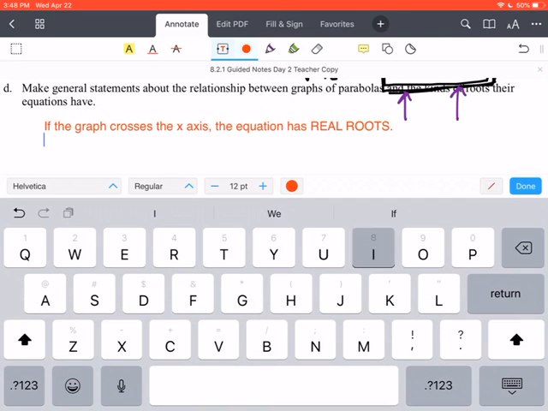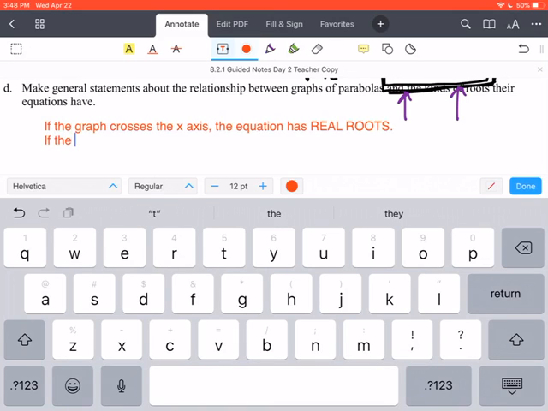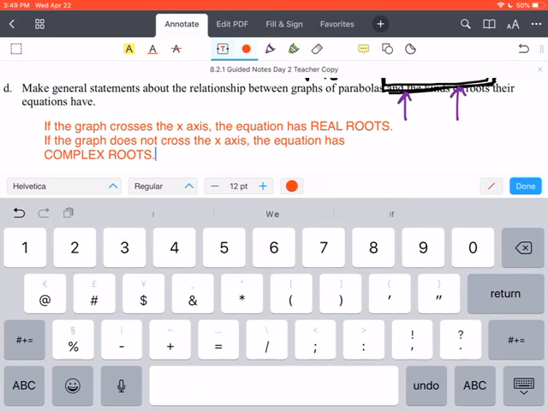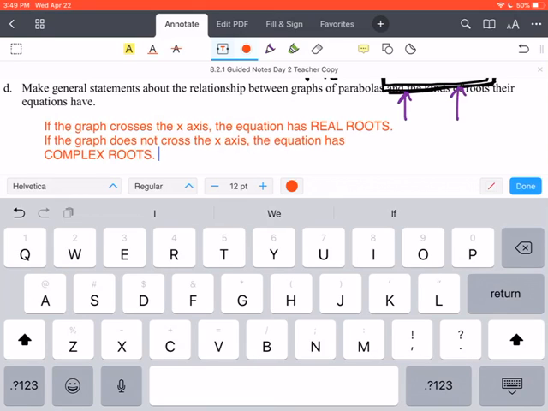Darn, it changes the whole thing. Okay, if the graph does not cross the x-axis, the equation has complex roots. Okay. If the graph only touches the x-axis, there is only one root.